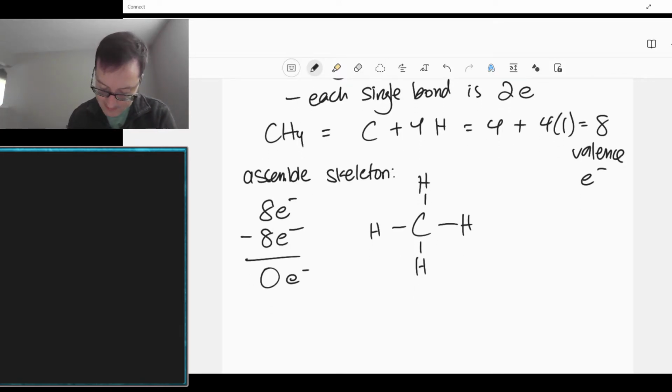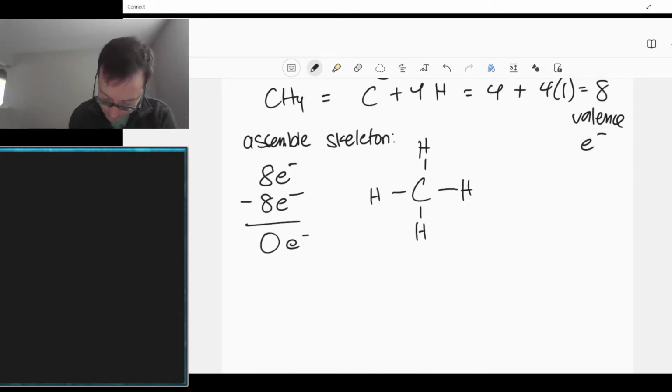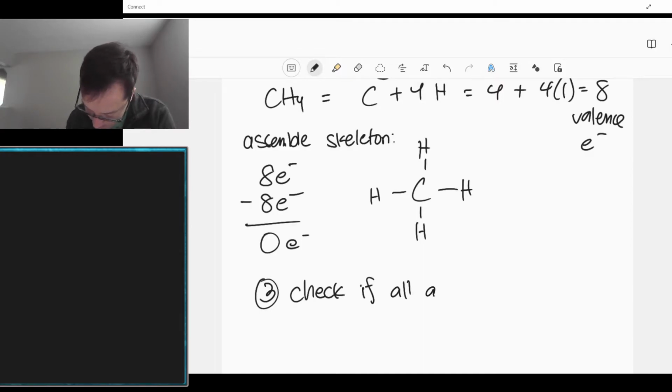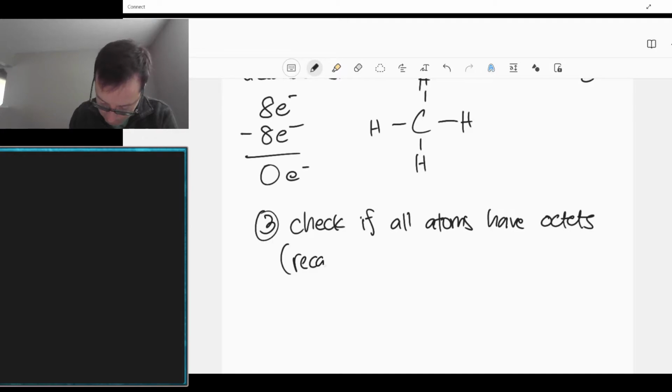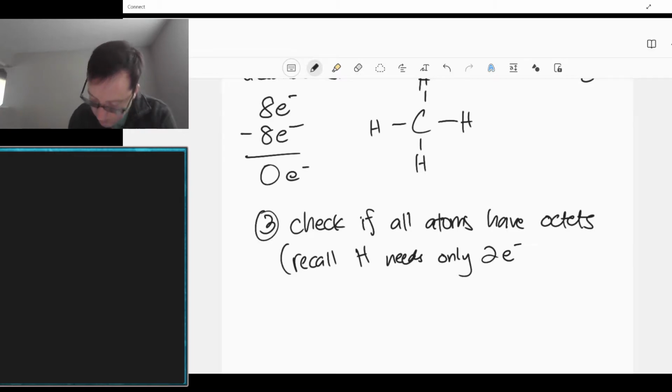All right. Step 3, which is not applicable here, well, I guess it's applicable, is check if all atoms have octets. Again, recall you would just need to make sure that all atoms are happy in your skeleton.